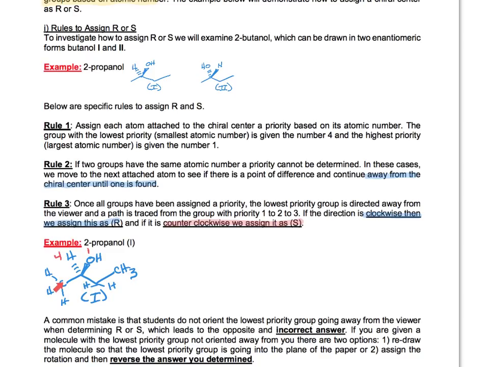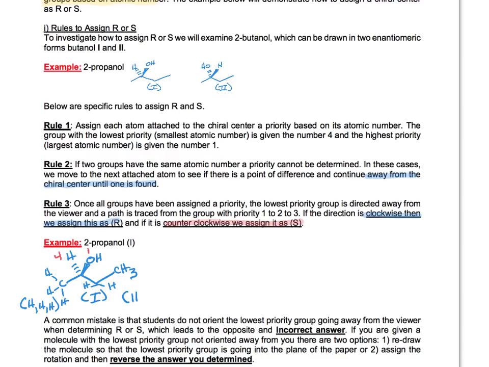We haven't reached a point of difference because this is a carbon and that is a carbon. What's directly attached to this carbon atom is a hydrogen, a hydrogen, and a hydrogen. So we write that down: H, H, H. And what's directly attached to this carbon atom? Well, we've got a hydrogen and a hydrogen.